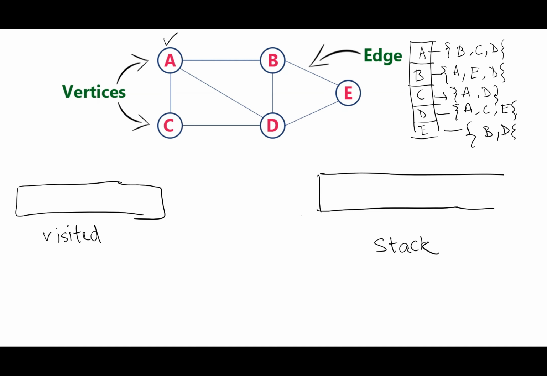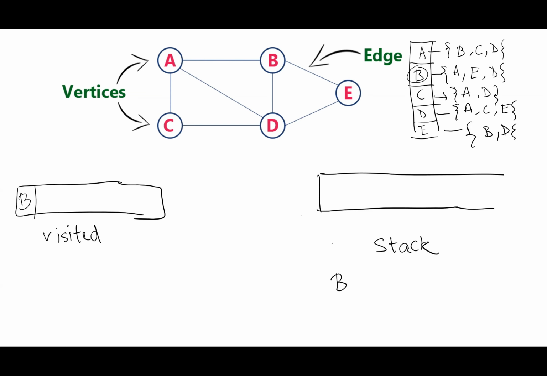Okay. So initially, we can start anywhere. So let's start from B this time. So we put B here in the stack and also put B in the visited list. Then we take out B from the stack.